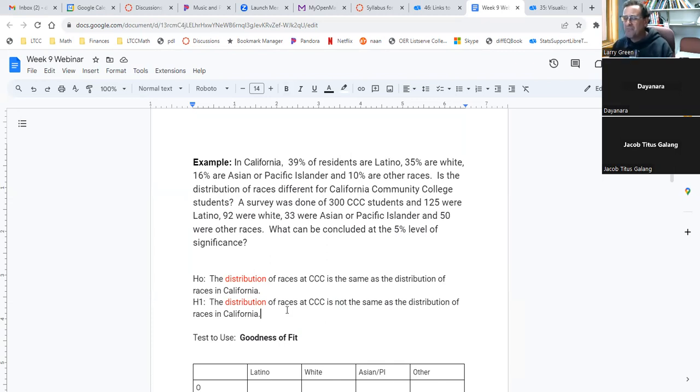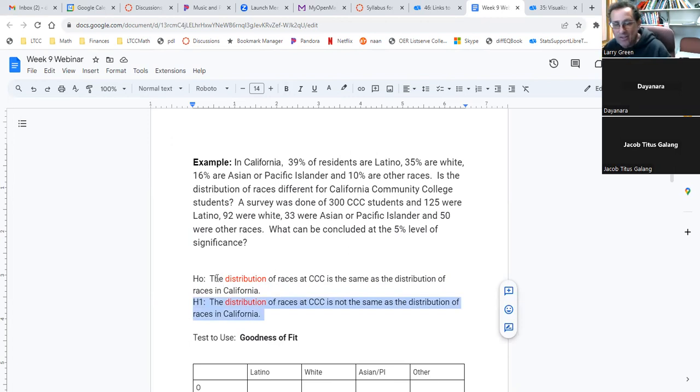Okay, just like most of the things we do in this class, there's a step-by-step process. The first step, I guess I should say, because I haven't said this before, but it's obvious, read the question. The second step is to write down the null hypothesis. In chapter 11, this week, it's always going to be in words. The next step is to write down the alternative hypothesis, and that will also be in words.